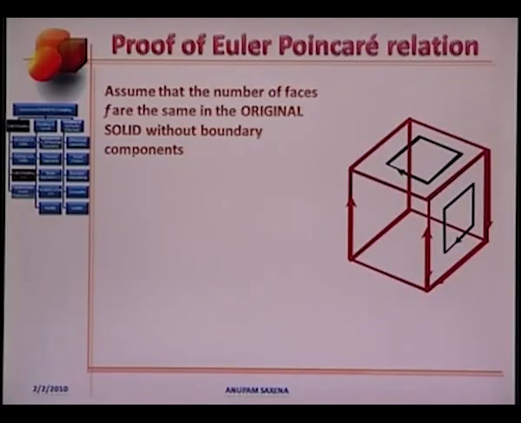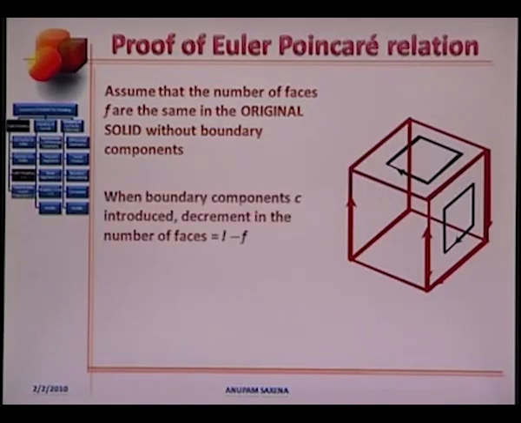We first assume that the number of faces F in the Euler-Poincare relation are the same in the original solid without boundary components. So we assume that the original solid is a perfectly valid polyhedral solid which does not have any boundary.